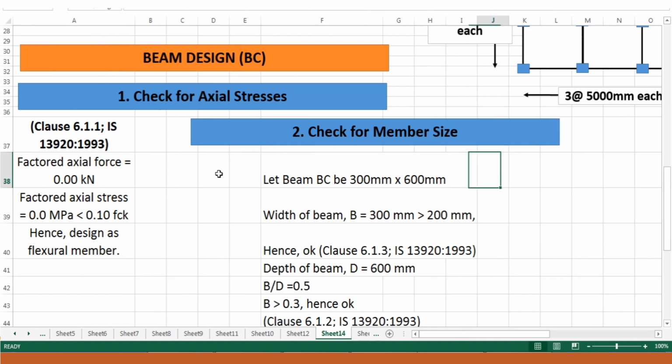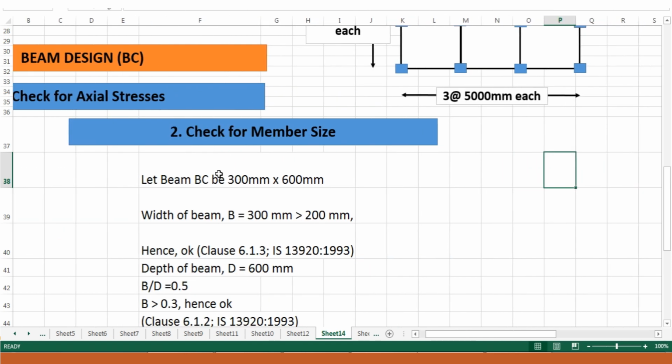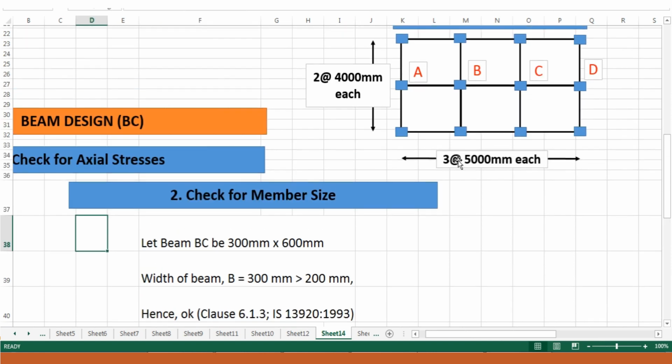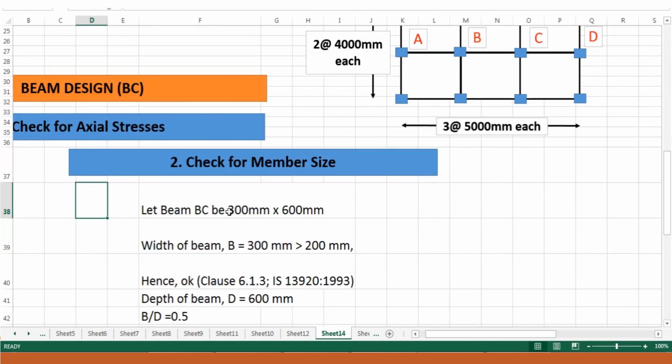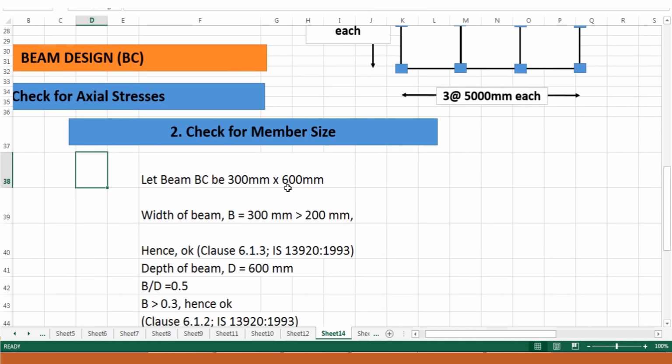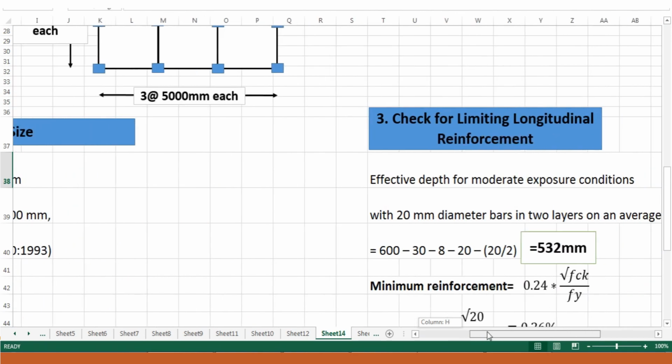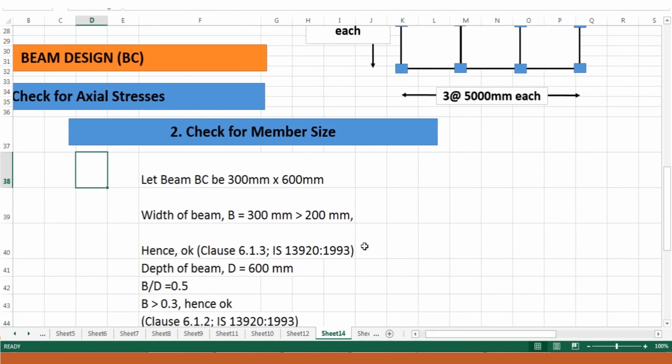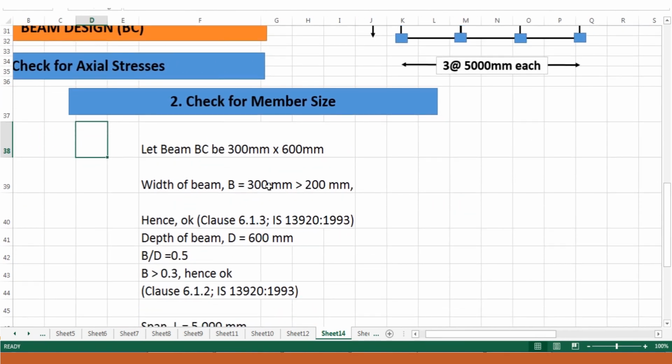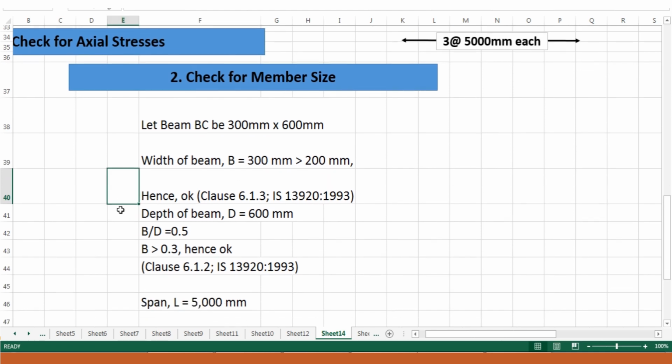Next, what we have to check is the member size. If this beam BC, which we are talking about, is provided as 300 mm width and 600 mm depth, then the beam width should be greater than 200 mm, as we saw in clause 6.1.3 in IS 13920, so that clause is met.